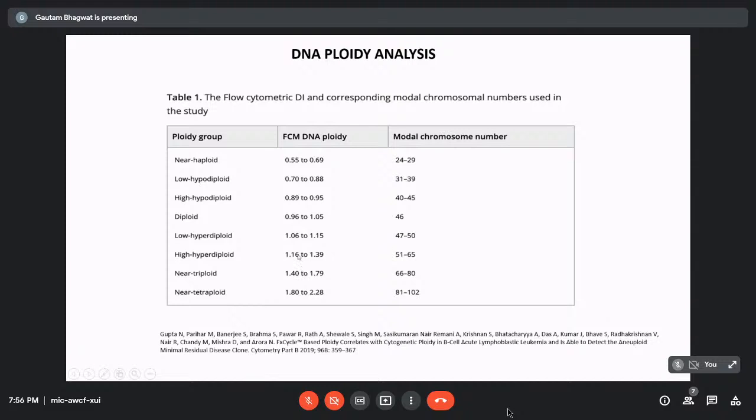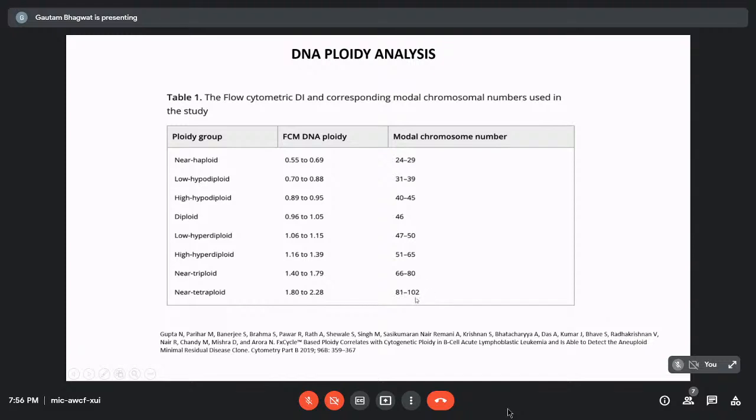If I have a DNA ploidy of say 1.16 to 1.39, then the chromosome number is 51 to 65, and I call this high hyperdiploid. When the DNA index is between 0.96 to 1.05, I have two sets of chromosomes, that is 46 chromosomes, diploid. When the DNA ploidy is 1.80 to 2.28, it is near tetraploid. That means there are almost 4 sets of chromosomes, so the chromosome number is 81 to 102.